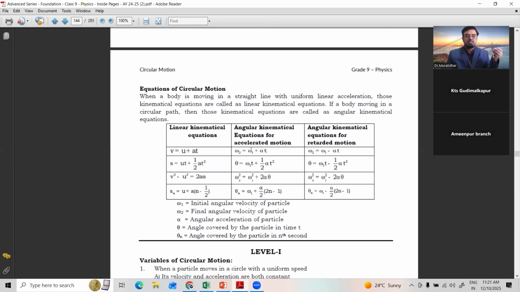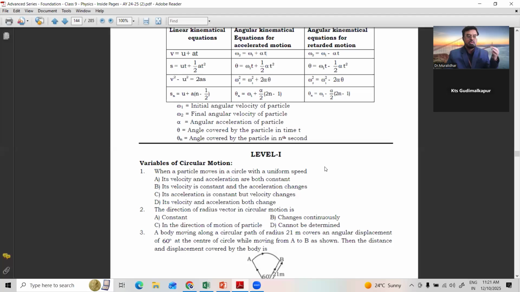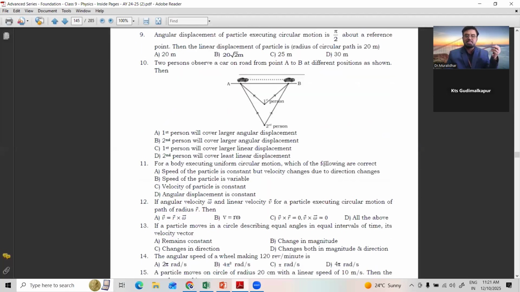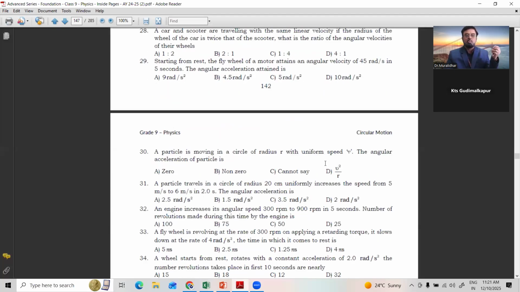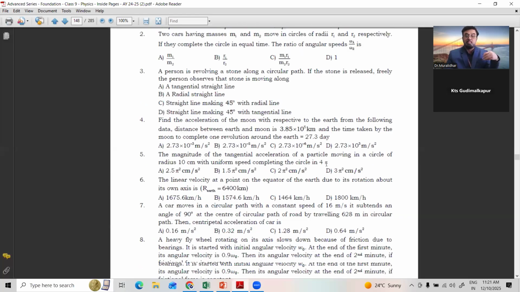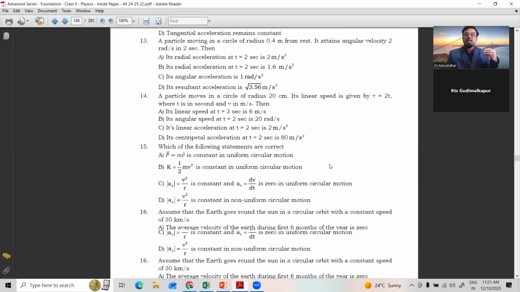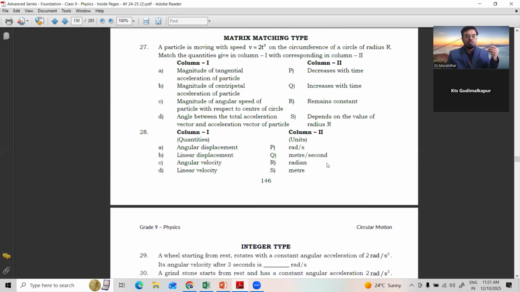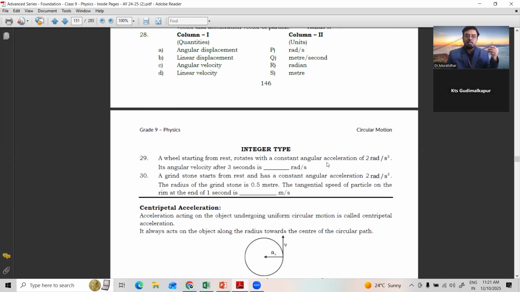Retarding means minus. The same four formulas can be written for circular accelerated motion and for retardation motion. This we will learn in the next class, along with the remaining terms and the equations which are very helpful for us to solve many problems.